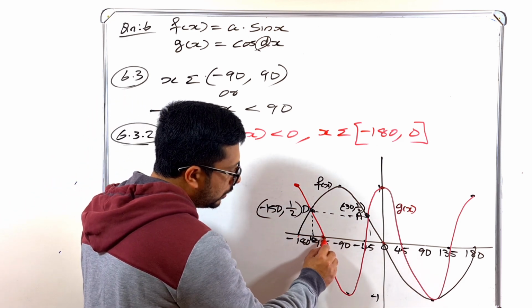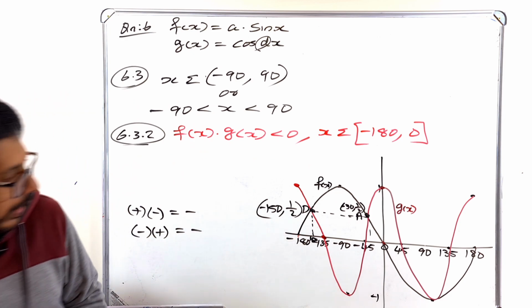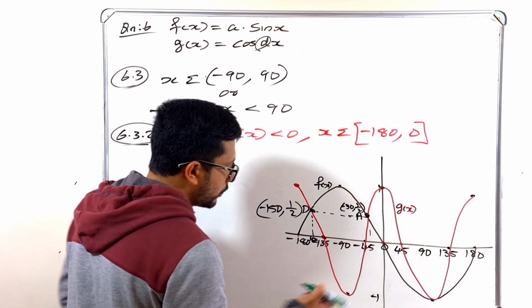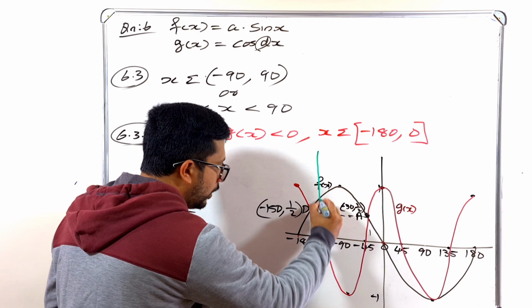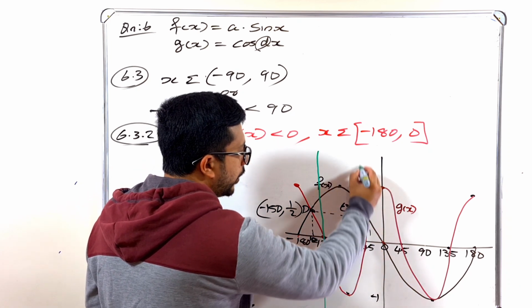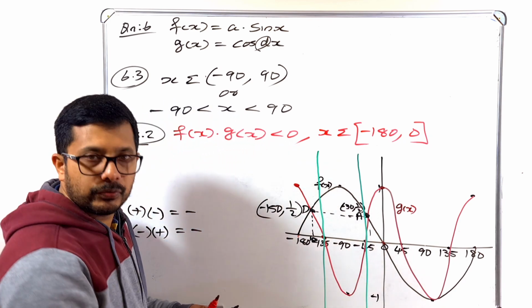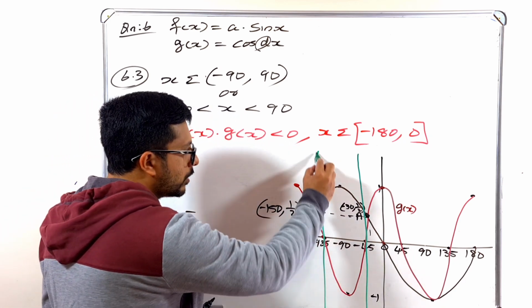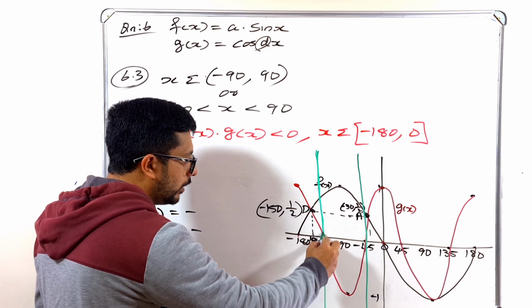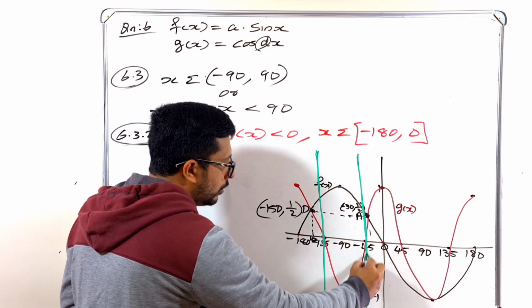Between minus 135 and minus 45, let me draw a line passing through minus 135 and here minus 45. Look at between those two green lines, that means minus 135 and minus 45.